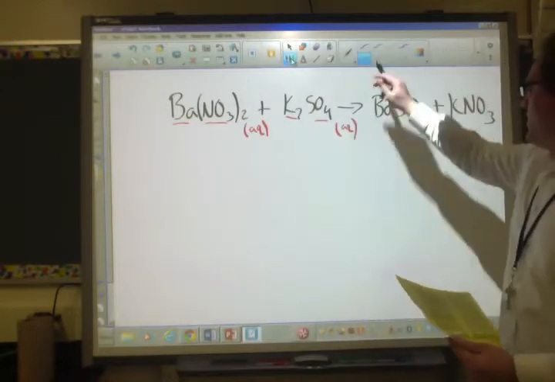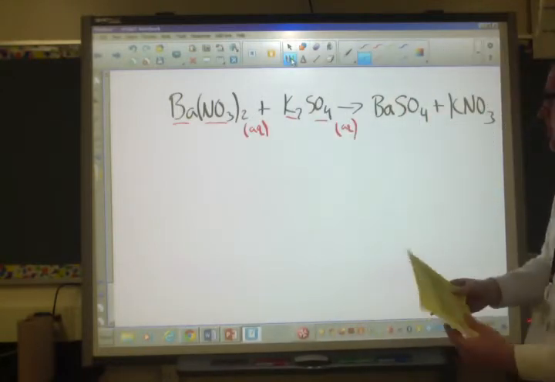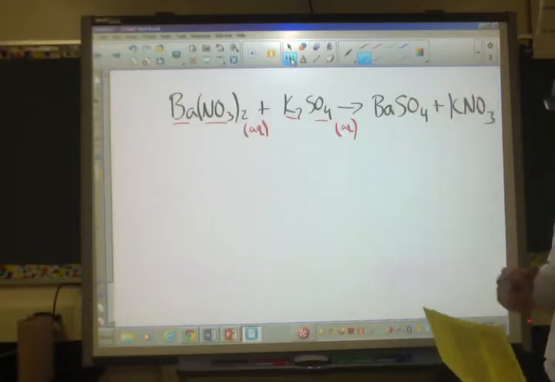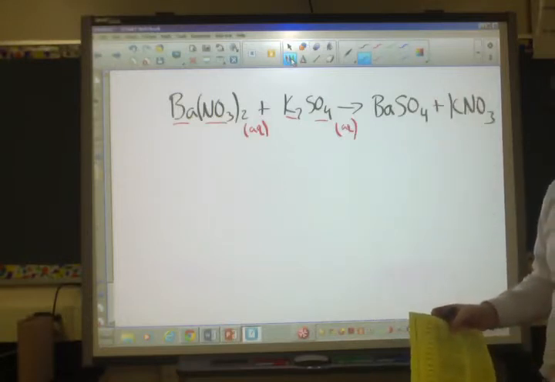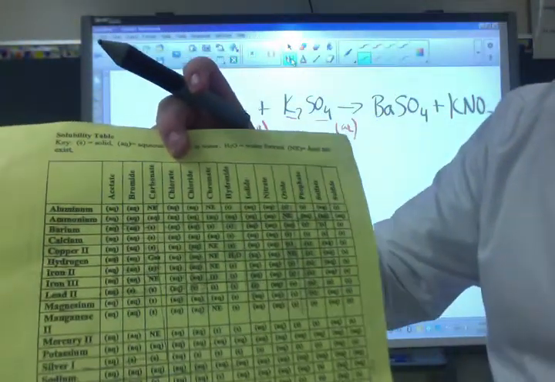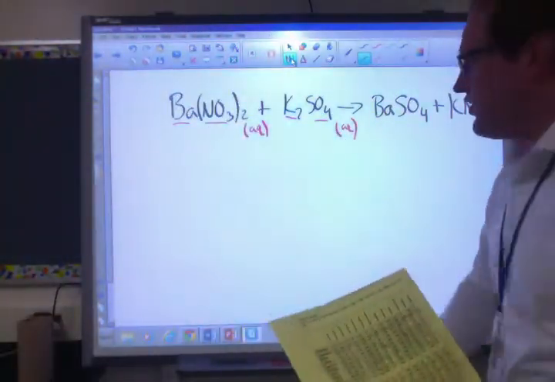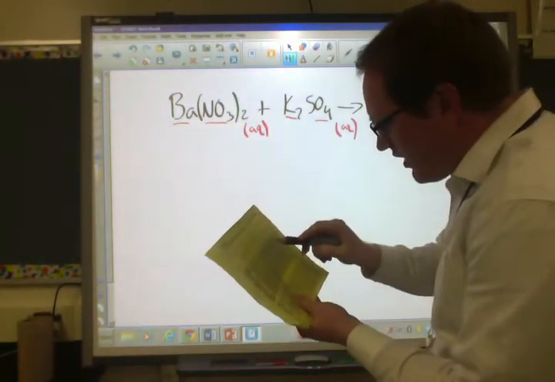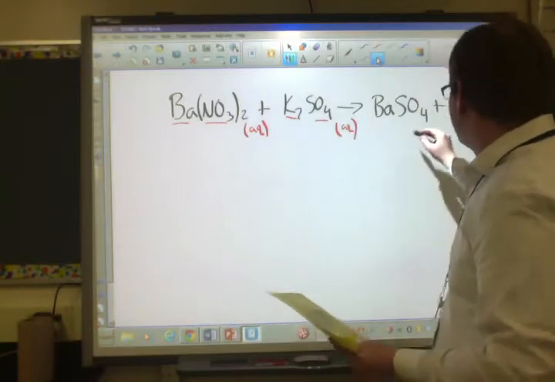Okay, so before I'm done, I need to check if this is actually going to be a legitimate reaction. So what I'm looking for is one of these to be aqueous and one of these to be either solid, liquid, or gas. The vast majority of the time, you're going to look for solid as you're insoluble. So barium sulfate is solid.